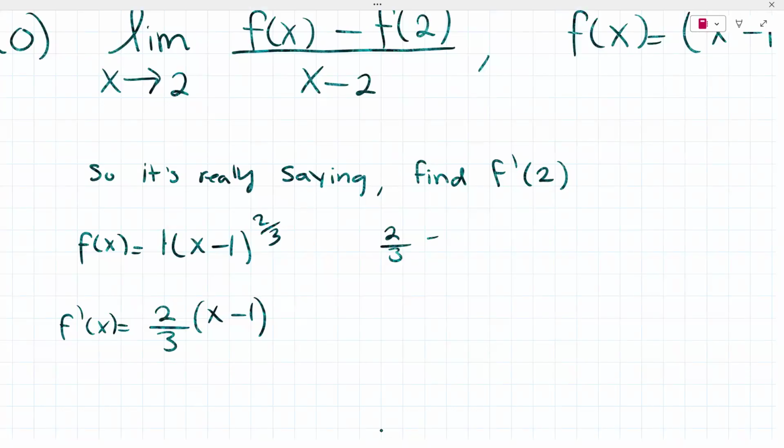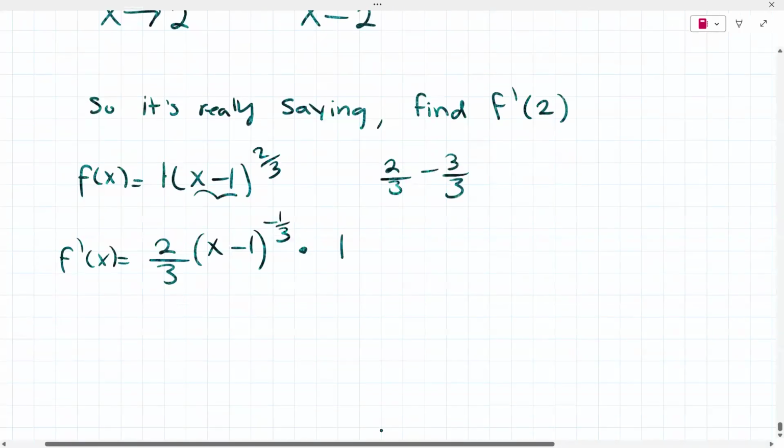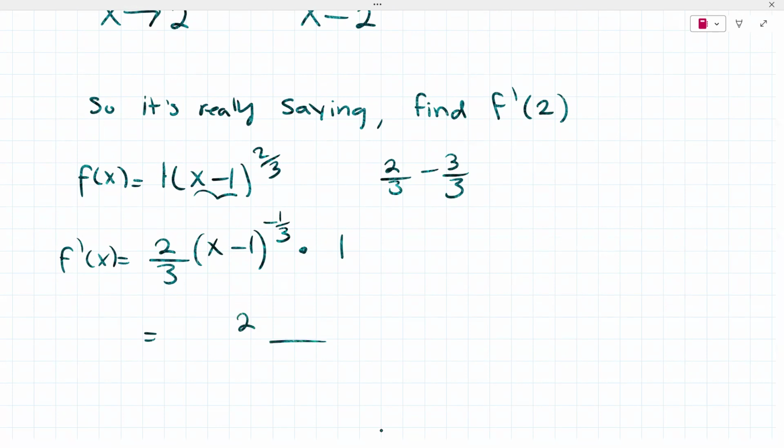So 2/3 minus 1, or 3 over 3, that is negative 1/3, times the derivative of x minus 1, which is 1. Let's rewrite this as a positive power, so this would be 2 over 3 of x minus 1 to the positive 1/3.